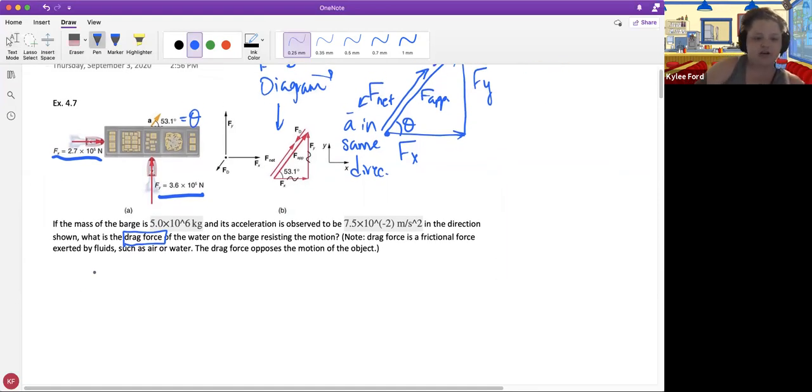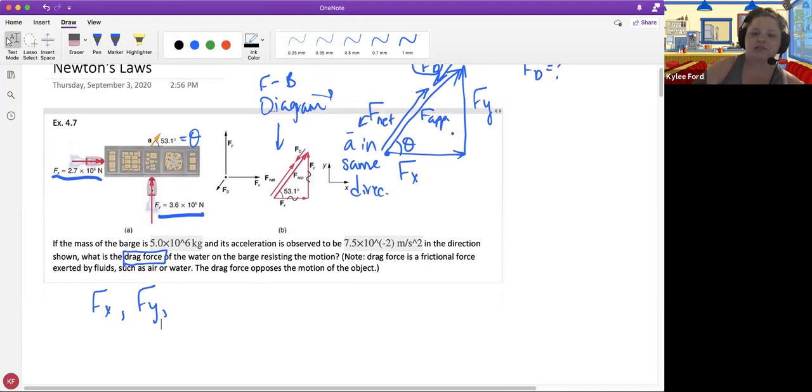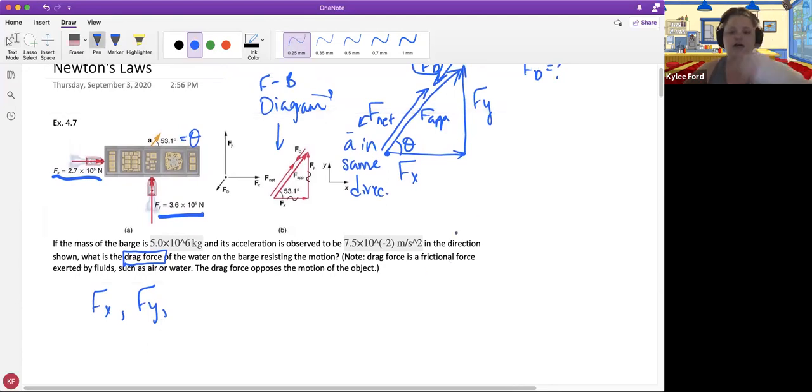We have our F sub x, we have our F sub y, right? From those two, we can figure out our applied force, because it's just those two added together. That's our applied force. Okay. We know the mass of the barge, and we know the acceleration of the barge.